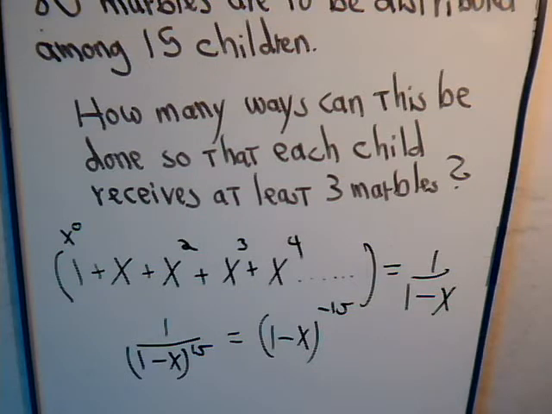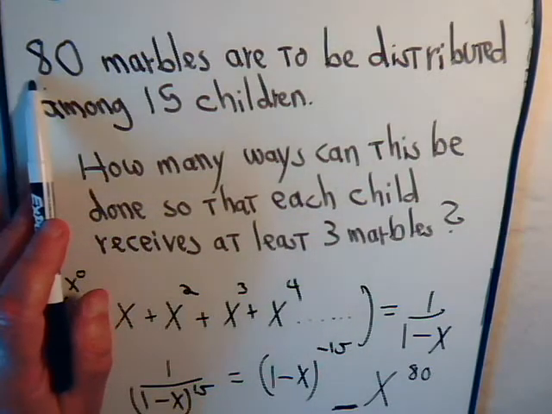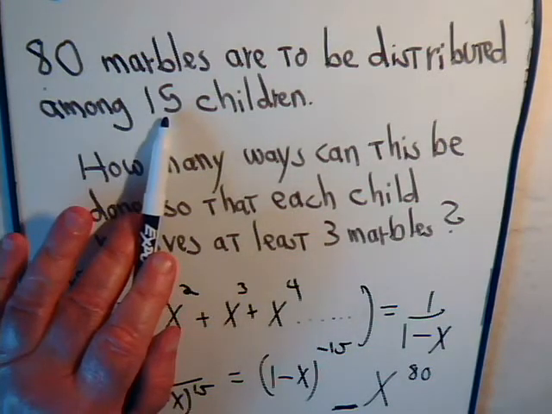Then when we expand this out, we're concerned about the coefficient of x to the 80. That coefficient of x to the 80 would tell us the total number of ways that 80 marbles could be distributed among 15 children.